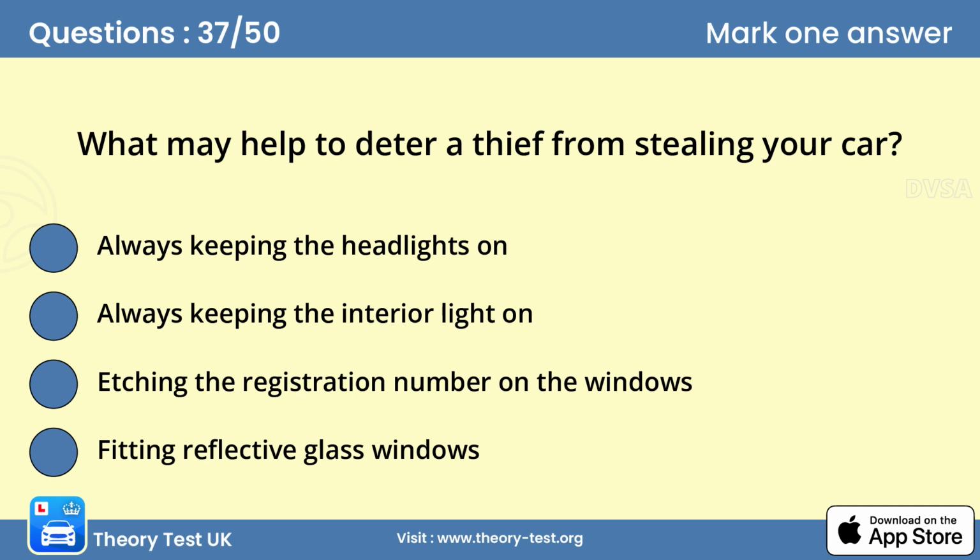What may help to deter a thief from stealing your car? C. Etching the registration number on the windows. Having your car registration number etched on all your windows is a cheap and effective way to deter professional car thieves.